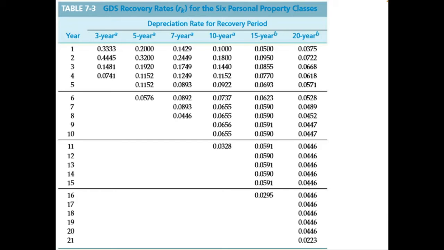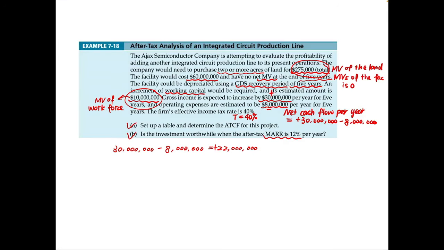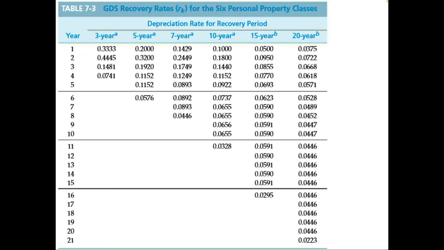It's told that the facility is going to be depreciated under the GDS recovery period of 5 years. So this is the column you're going to use to get the R's. This is your R1, R2, R3, R4, R5.